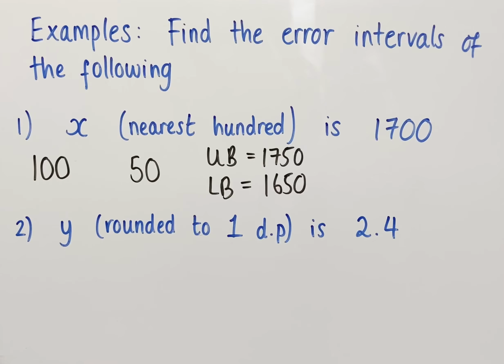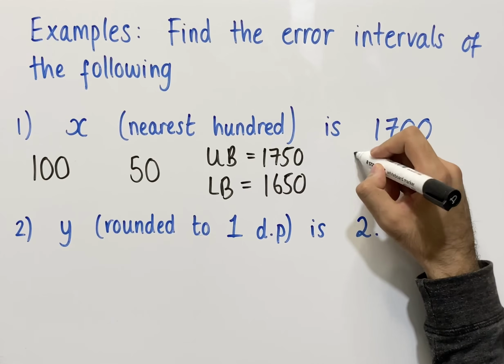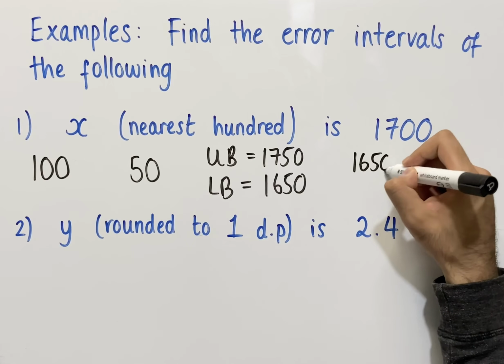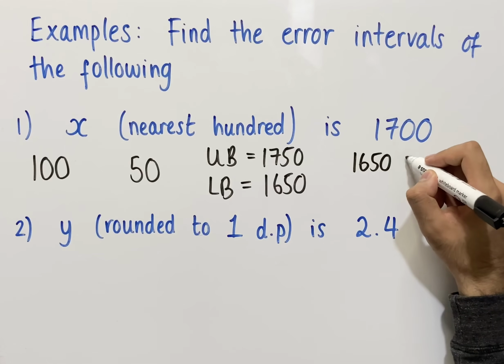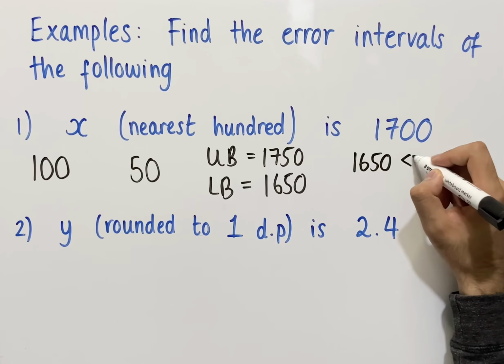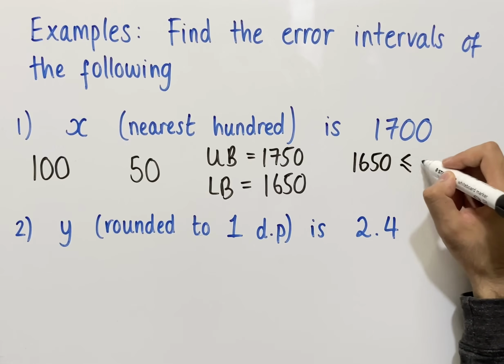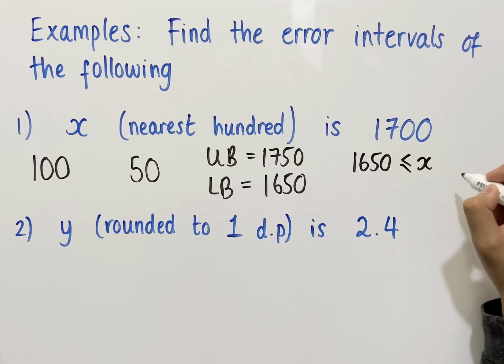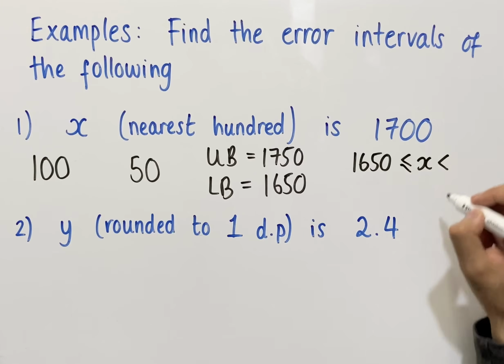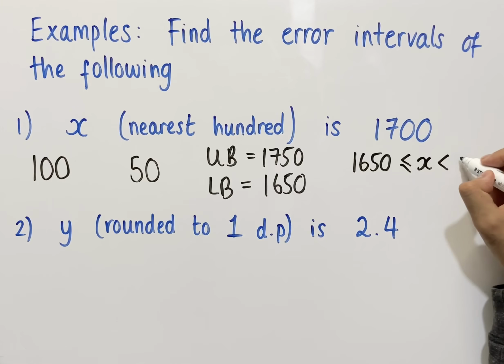We have the following: a number called x, which when rounded to the nearest 100 is 1700, can be between the following two numbers. The lower bound, which is 1650, and we involve an inequality, so this is less than or equal to x, which is our number, which is then less than the upper bound, which was 1750.